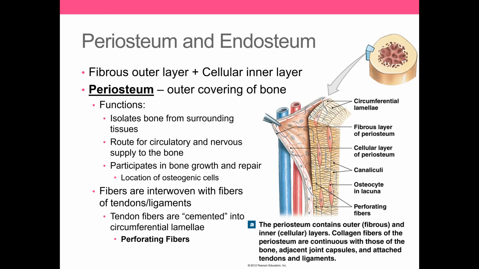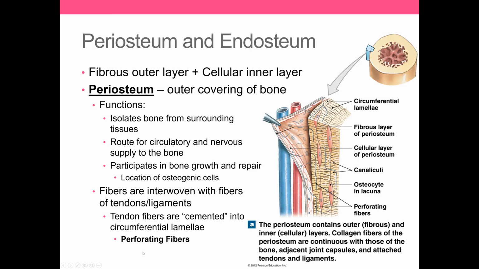As I showed you in that previous picture a couple slides ago, the collagen fibers of the periosteum are interwoven with the circumferential lamellae. So you have collagen fibers in the periosteum that are actually cemented into the bone itself, into the circumferential lamellae. And then when you have tendons and ligaments attached, the tendon and ligament fibers are also cemented into the membrane and to the bone itself. We call these perforating fibers.